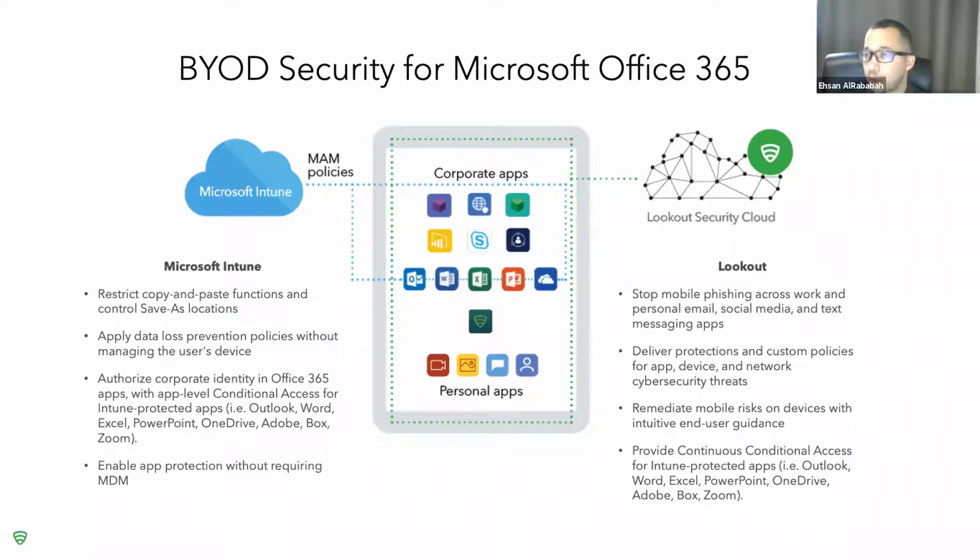Also, Lookout will offer for the Office 365 suite custom policies against app threats, whether they are malicious, risky, leaky, or privacy-intrusive applications. You can add compliance policies around these topics. There is also comprehensive coverage of device attacks, especially unknown jailbreak and unknown root techniques.